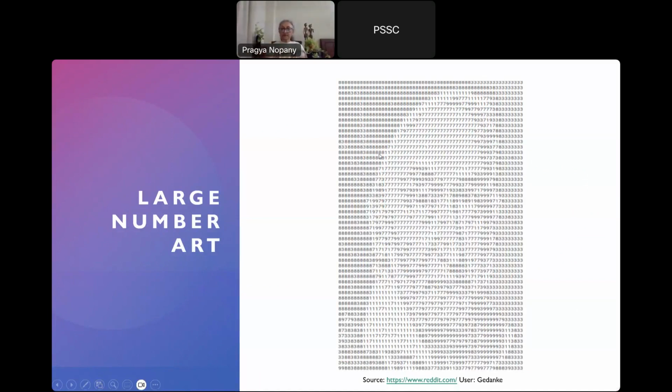Now you see there are a huge amount of numbers ranging from 0 to 9 using which this portrait has been made. Similarly, you can make the children do their own portrait using numbers, and of course, they might require a graph paper or some software, but they can find out how it can be done. So this is the first art which is very much possible, which deals with large numbers.